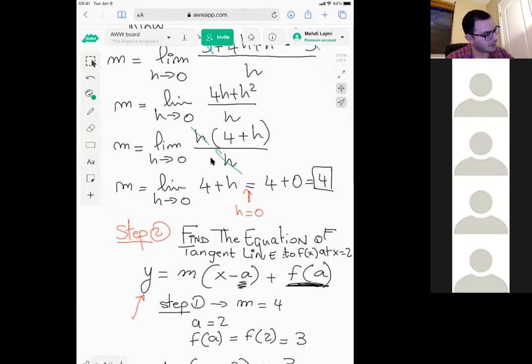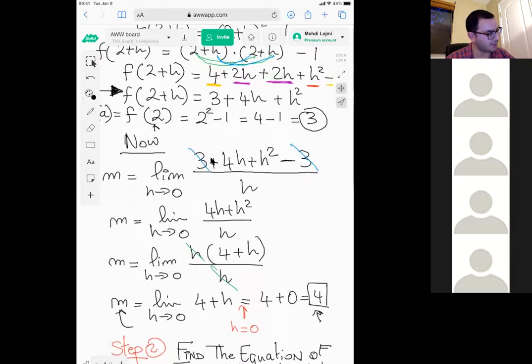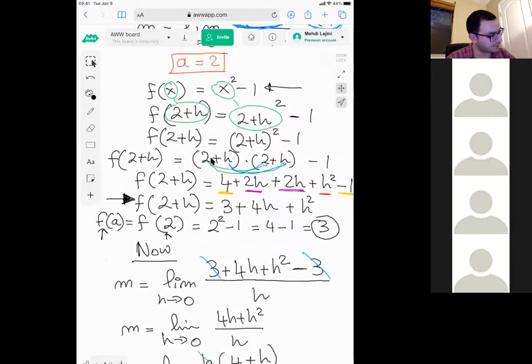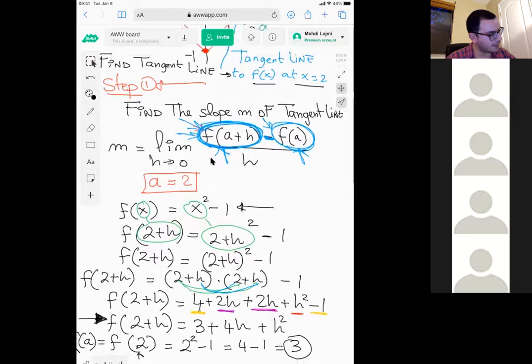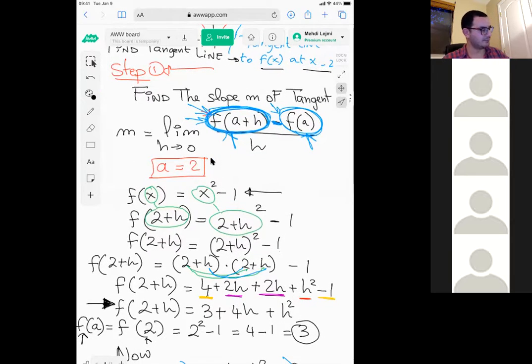You see this m here, we got 4 here. That's from the first step. That's why m is 4. That's from when you compute the limit, right? Oh, here, okay.